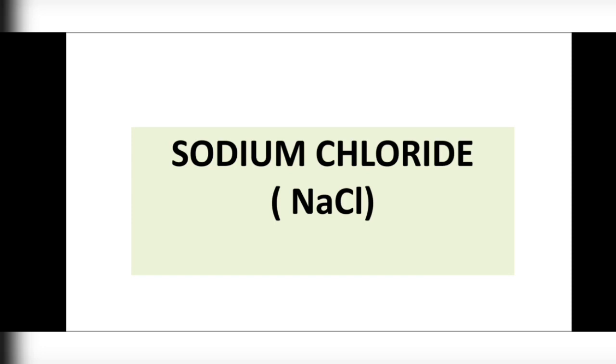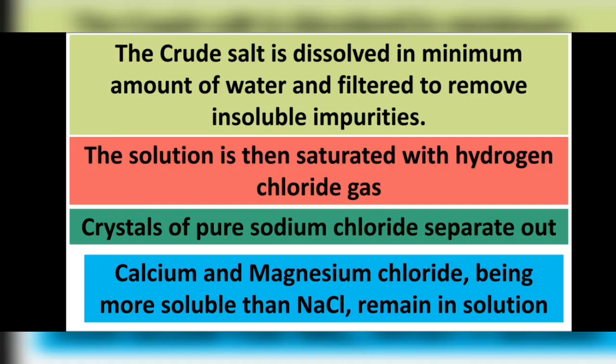Here we'll see how to prepare sodium chloride. The crude salt is dissolved in a minimum amount of water. Crude sodium chloride is obtained by crystallization of brine solution.